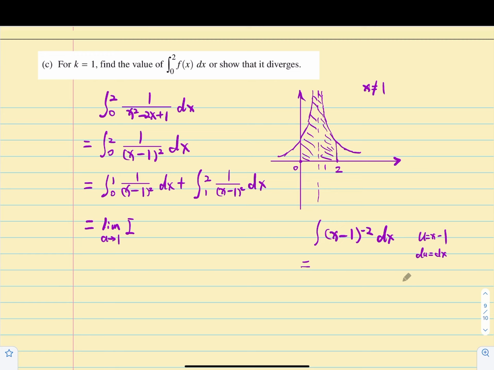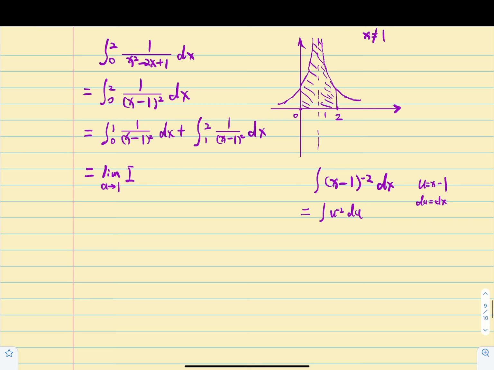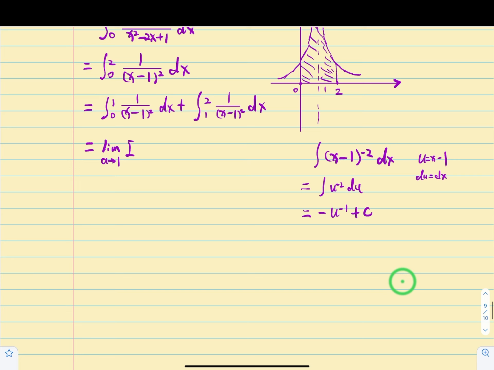So basically we have the integral of u to the negative 2 du, and the integral will equal, using the reverse power rule, negative u to the negative power of 1, plus c. We substitute our u back, so negative 1 over x minus 1, plus a c.